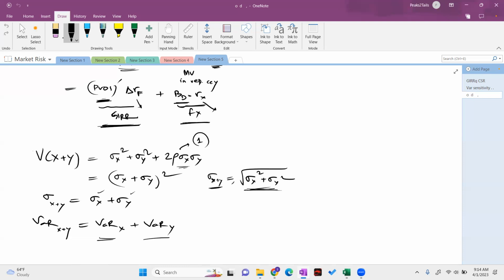But see, I'm using value at risk just to connect the dots, and you'll be able to appreciate the formulas. But regulators probably are not using value at risk. For IMA, which is the advanced approach, we are using expected shortfall. So we'll talk about that when we do IMA.